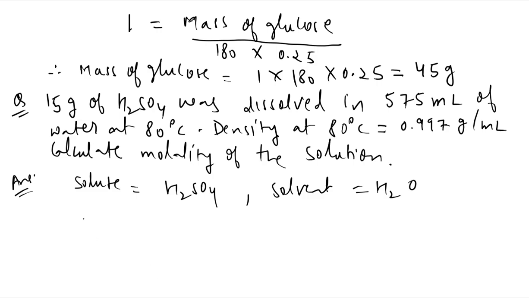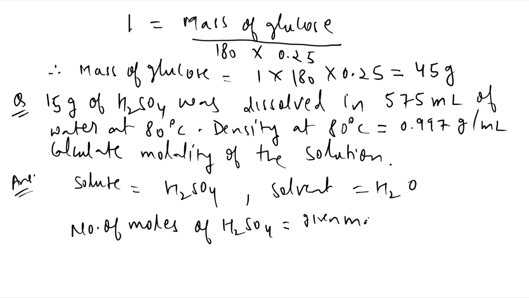Alright, to find out the molality, we need to find out the number of moles of solute, right? So first we need to find the number of moles of H2SO4. So that is given by given mass over molar mass.